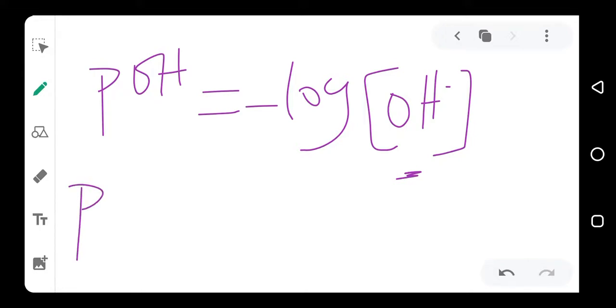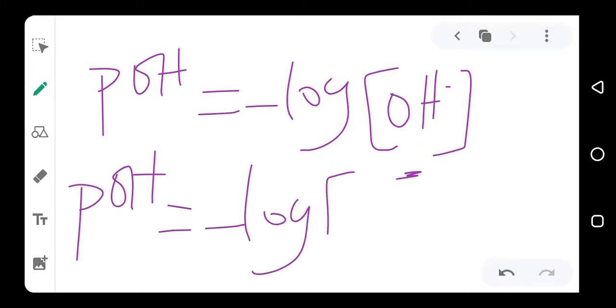Therefore, our pOH here is equal to negative logarithm of 0.2. If we find the negative logarithm of 0.2, it will give us our pOH.